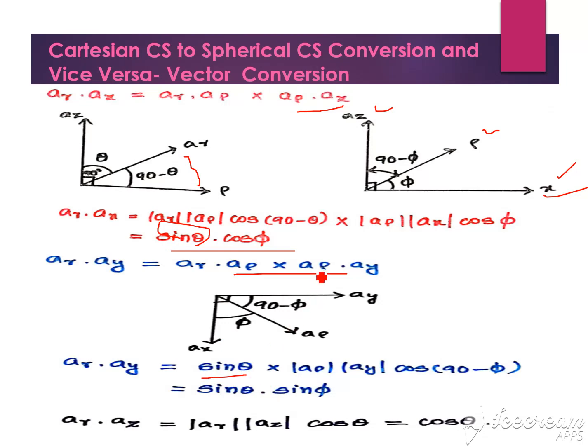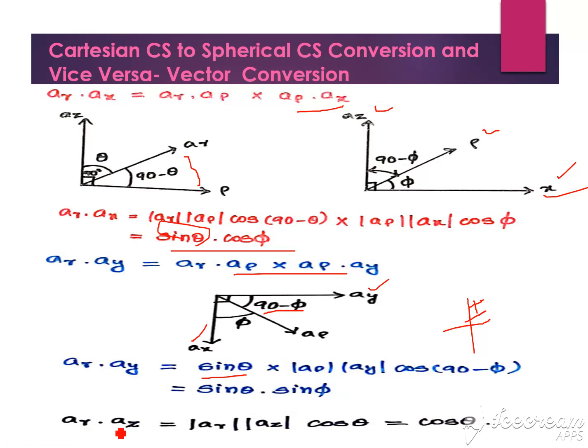For the second term we need the angle between rho and Y. In Cartesian, the angle between AX and AY is 90, and the angle between AX and A rho is phi. From this we can find the angle between rho and Y is 90 minus phi. Again we can write mod of A rho into mod of AY into cos of 90 minus phi. Since 90 minus phi is in the first quadrant, all terms have a positive sign, so cos becomes sin phi.